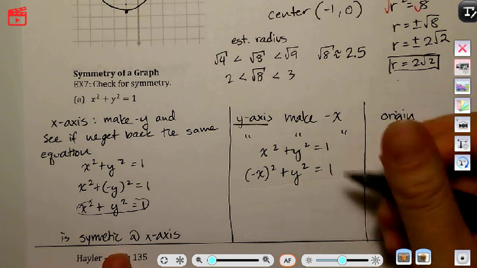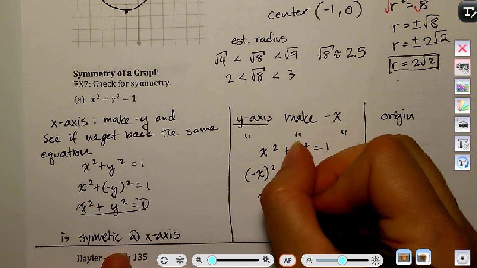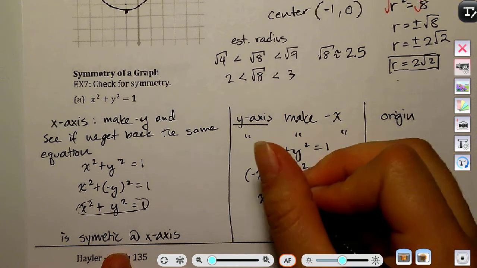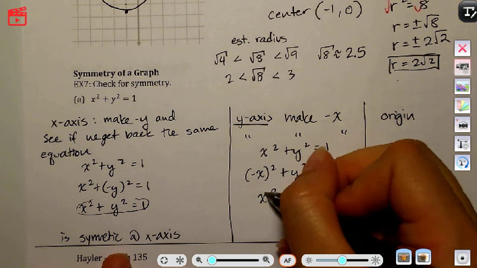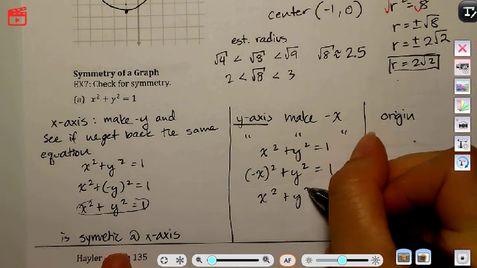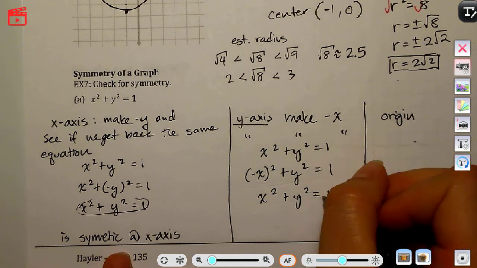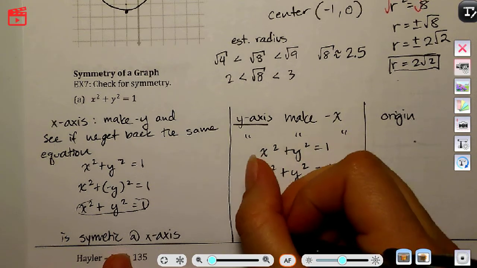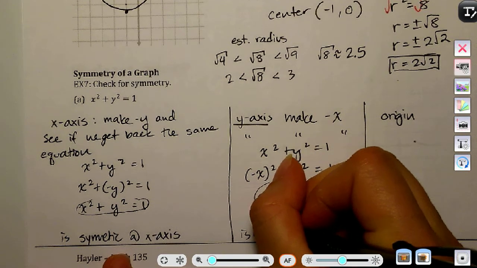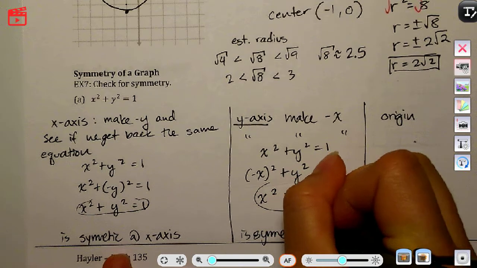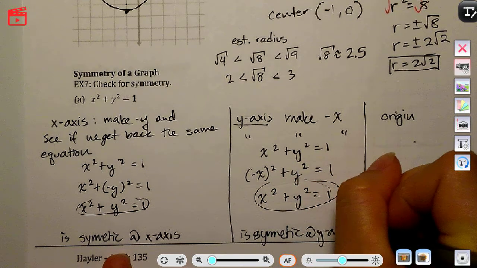Do we get back the same equation when we simplify? Let's see. That's going to be x squared again. Any quantity that's negative squared will be positive, plus y squared equals 1. Hey, we got back the same exact equation. Hence, this is also symmetric about the y-axis.